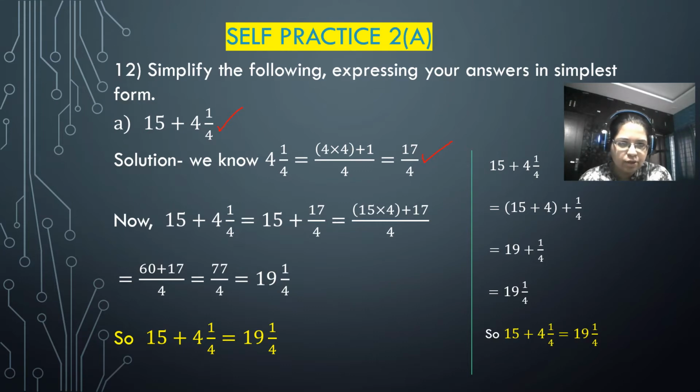Now we get 15 plus 17 by 4. Add this whole number and the improper fraction.